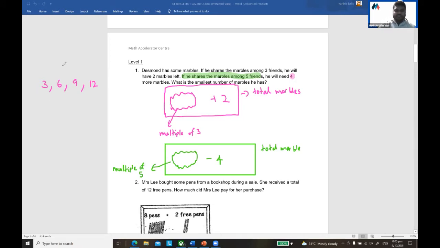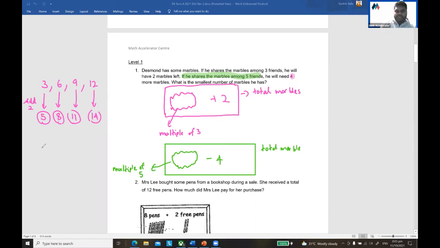Now if we add 2 to each, this one will become 5, this one 8, this one 11, this one 14. This part here is your total marbles, but you do not know which one yet.